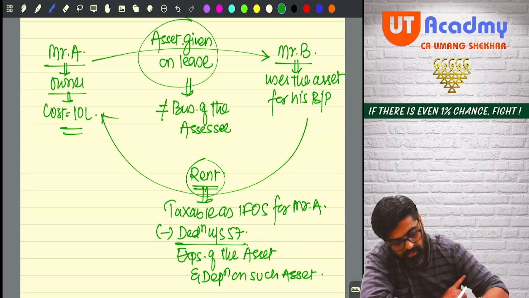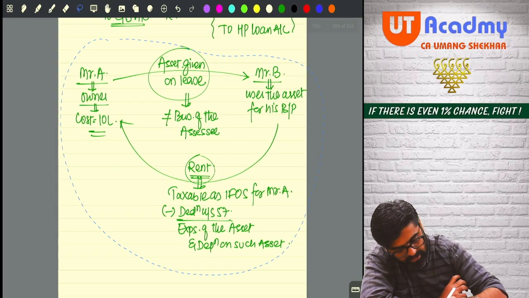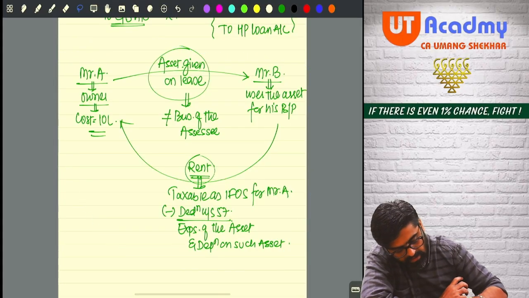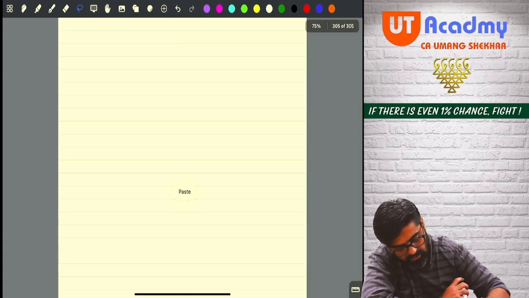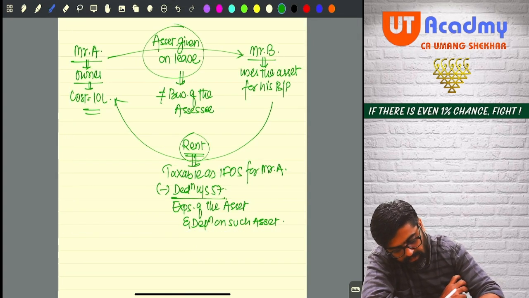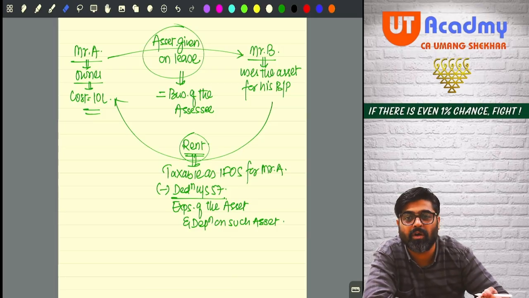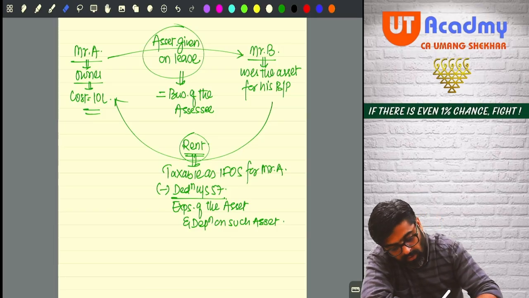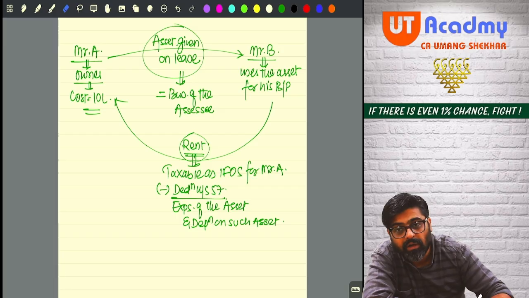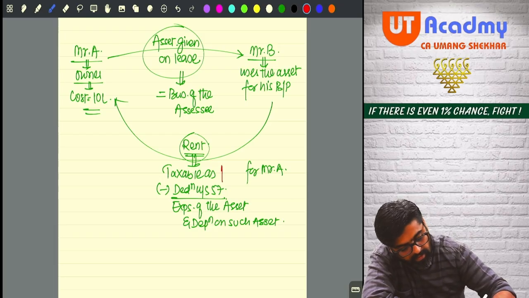But if I take the same thing, copy and paste it here, but now it is my business to give such assets on lease, then whatever rent I am getting by leasing that asset will now be taxable as my PGBP.